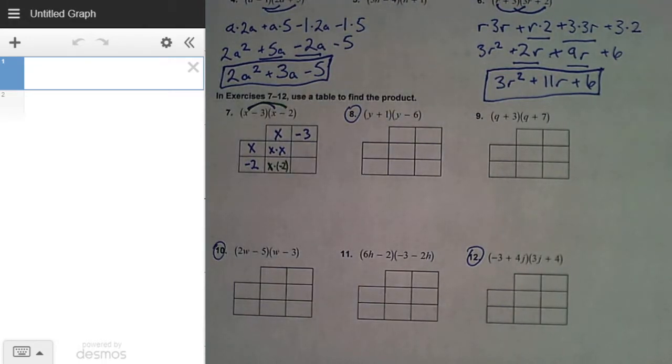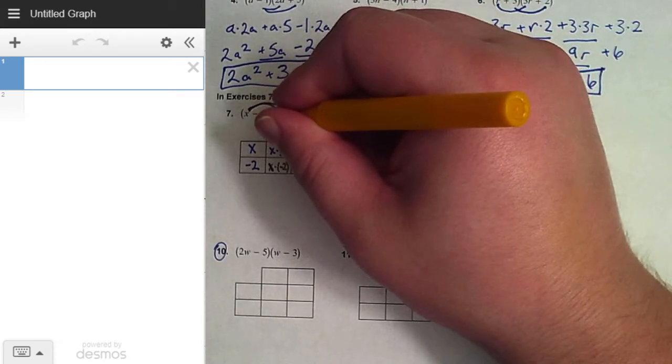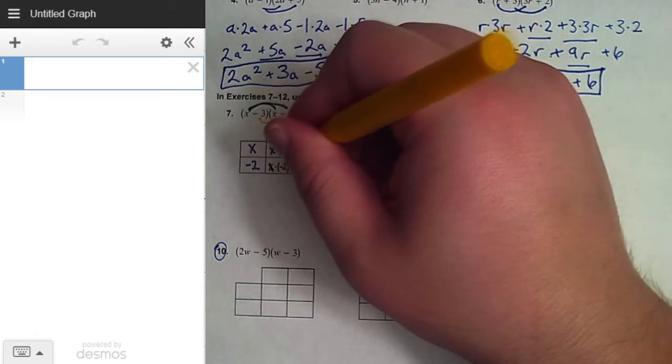Could add a few other colors here just to help us out in seeing this. And then we have negative 3 times x. So the negative 3 times the x.